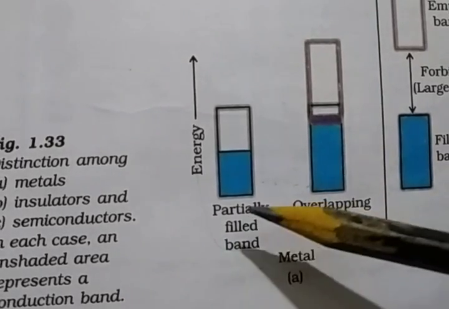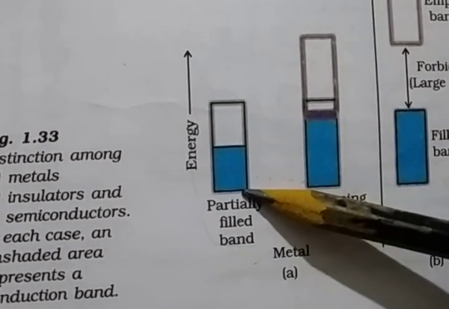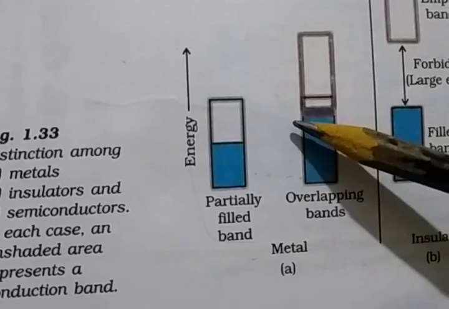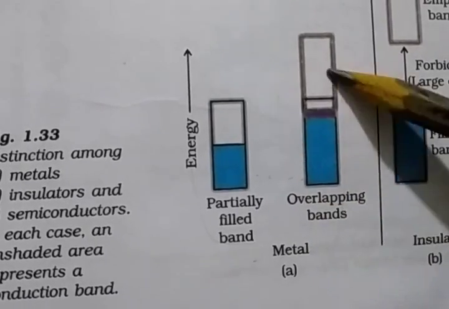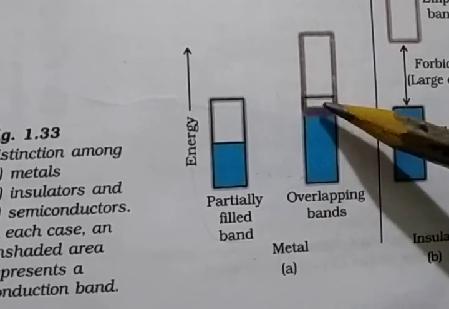So atomic orbitals of the metal atoms form molecular orbitals, which are so close in energy to each other as to form a band.